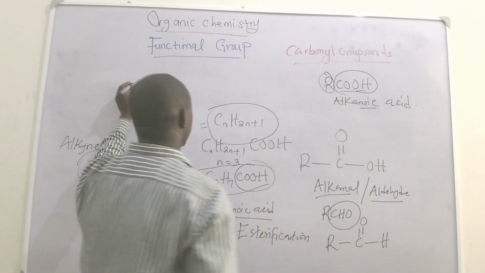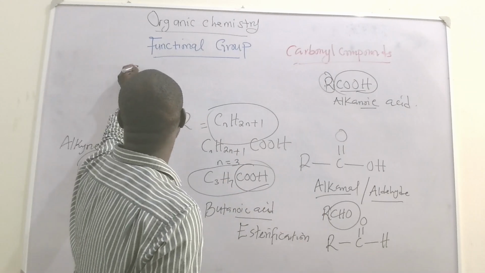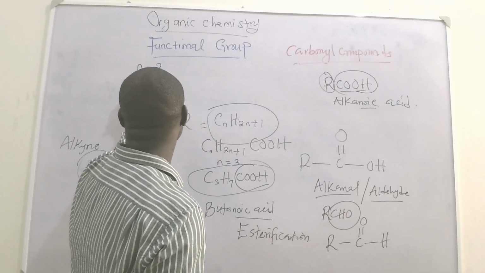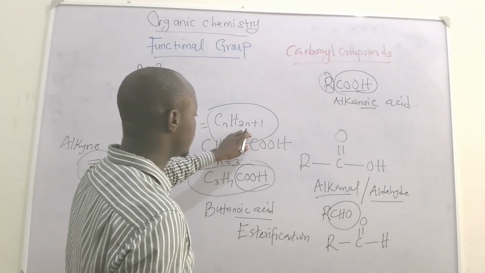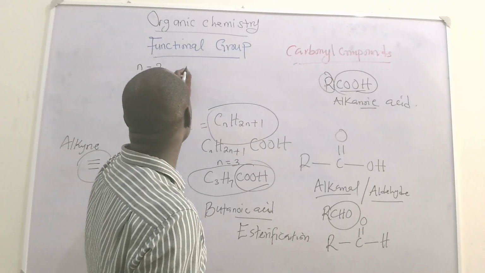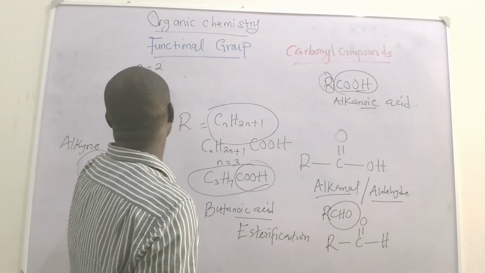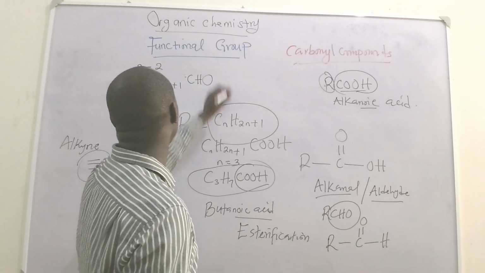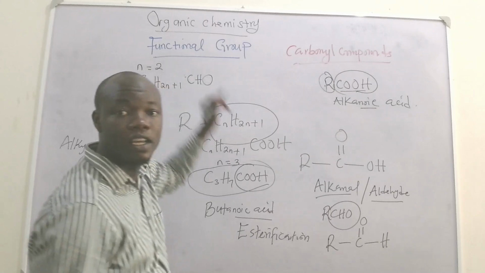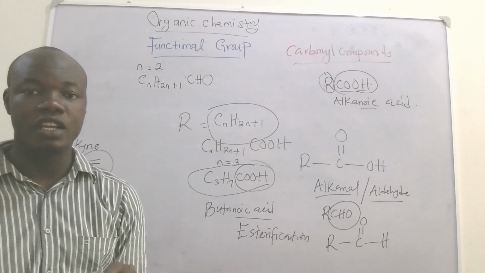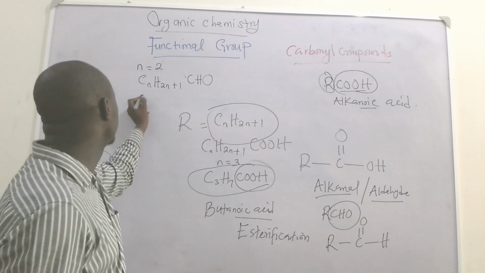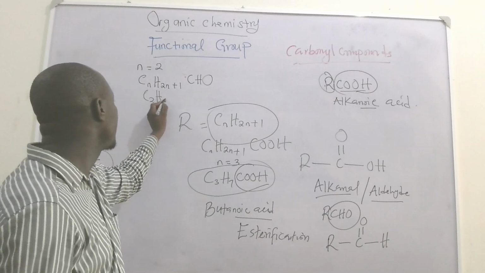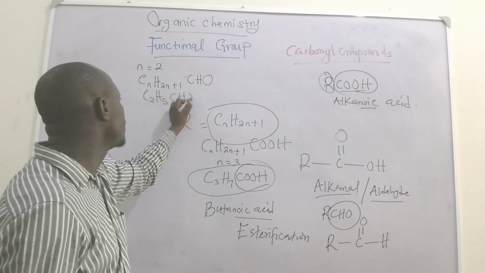So if we have CnH2n+1 and then CHO, and we consider n to be equal to 2, we now have C2H(2 times 2, 4, plus 1) so H5, then CHO.